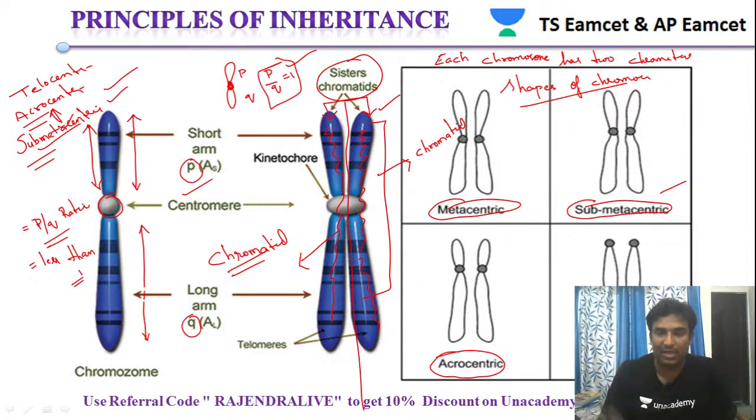In metacentric, the centromere is exactly located at the center. Such a condition is called metacentric. You can clearly see here the centromere is exactly at the center of this chromosome.